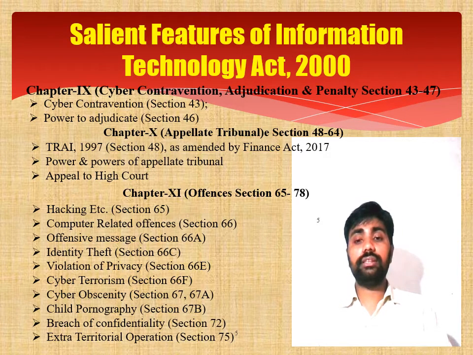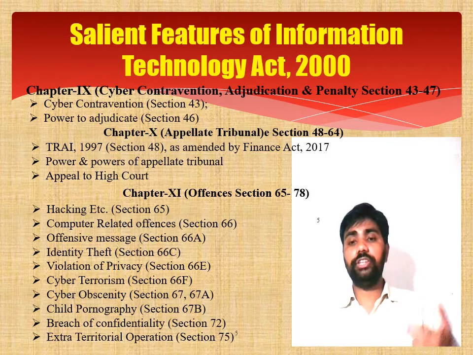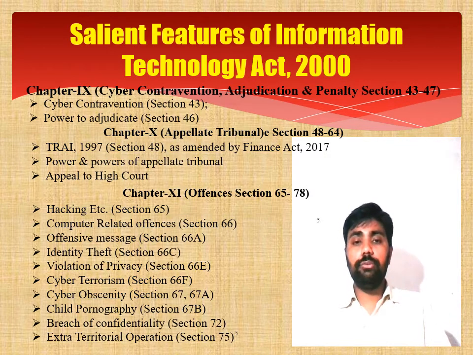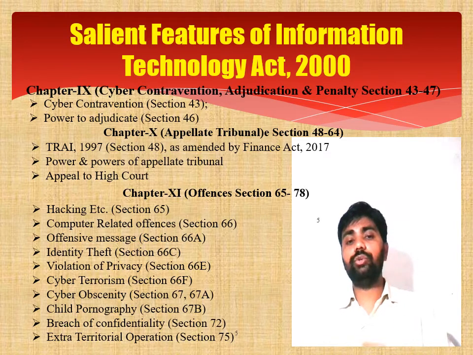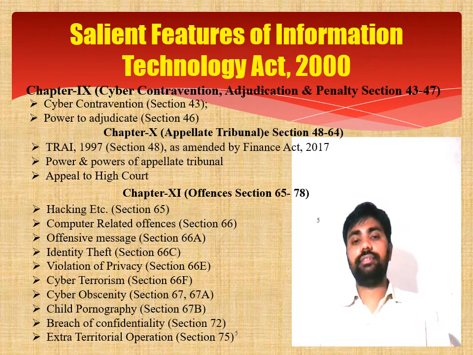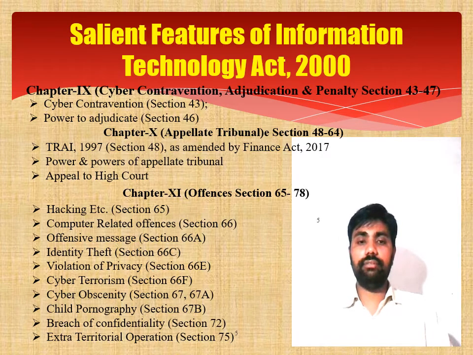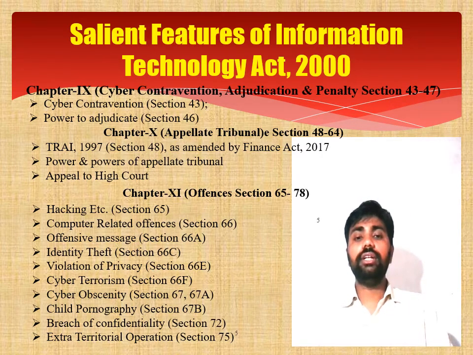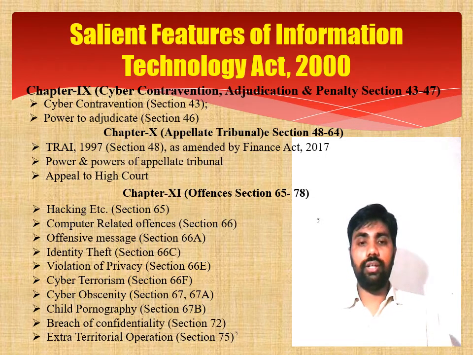If that person gets access to a computer which belongs to the Ministry of Defense, the army, or the police, then the same act of gaining access would be converted into cyber terrorism. Cyber obscenity is defined under section 67 and section 67A of the Information Technology Act. For example, publishing a morphed photograph of a woman is cyber obscenity.